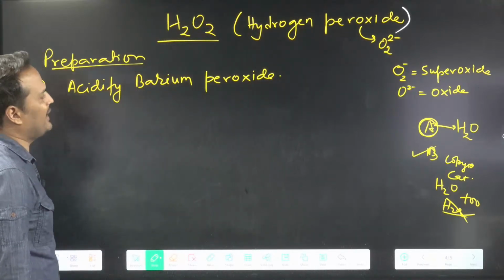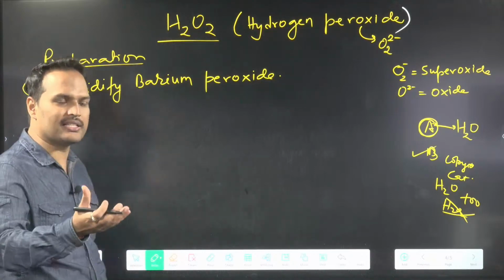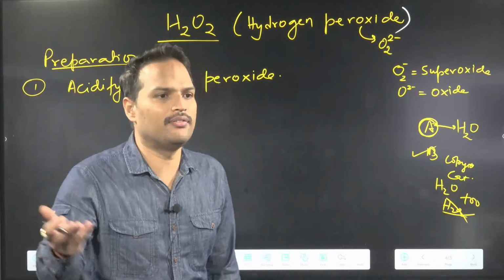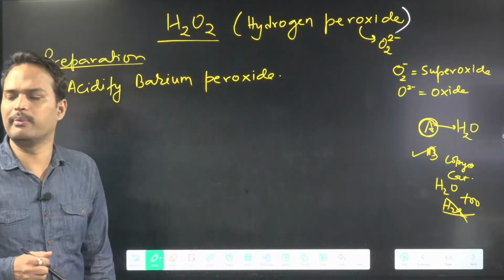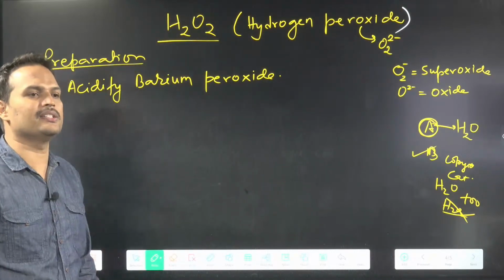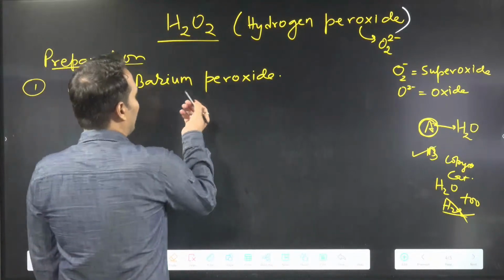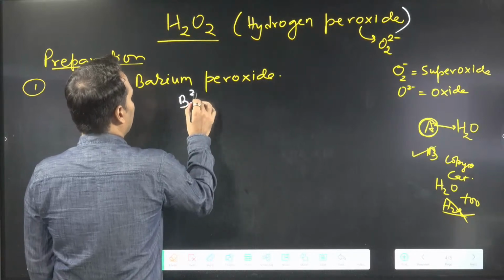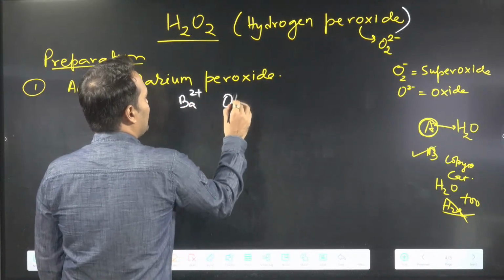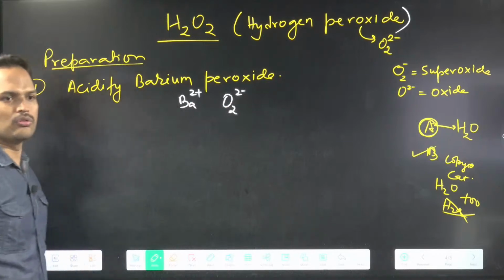Acidify barium peroxide. First of all, the challenge is what is the formula of barium peroxide? See, barium is Ba2 plus and peroxide is O2 2 minus. So what should be the formula?